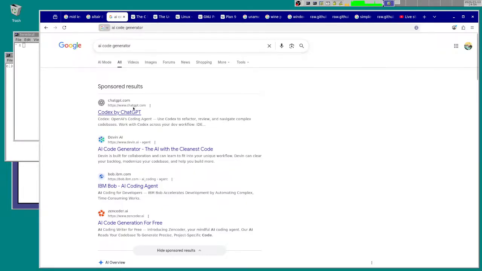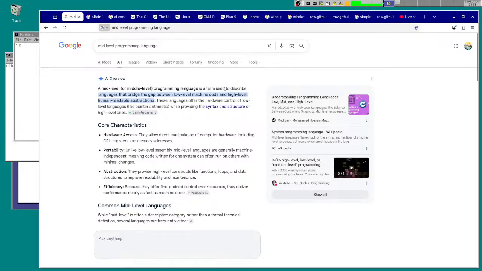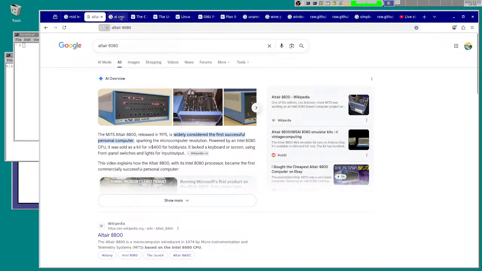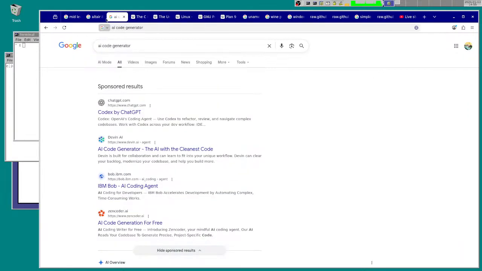And so to just speak it in English to an AI and say in English what you want to do, that is kind of the highest level of human readable abstractions away from what the machine actually is. A human being can pretty much understand what the machine is, but it takes a lot of study.